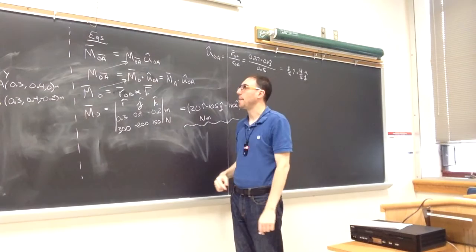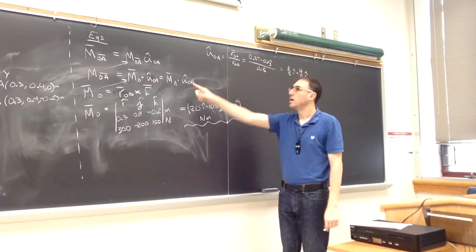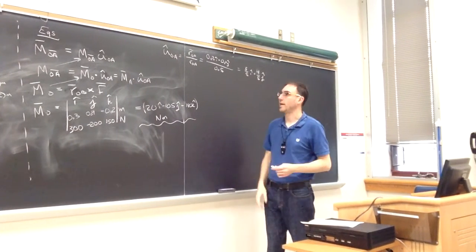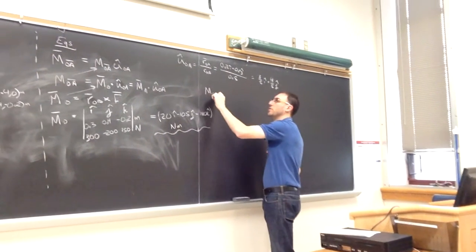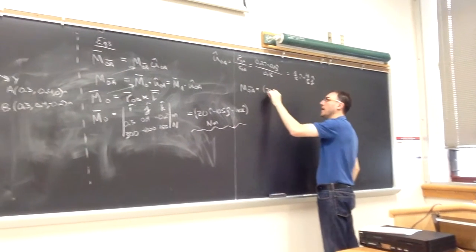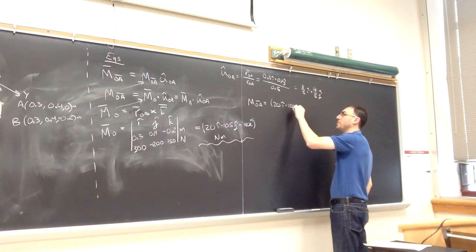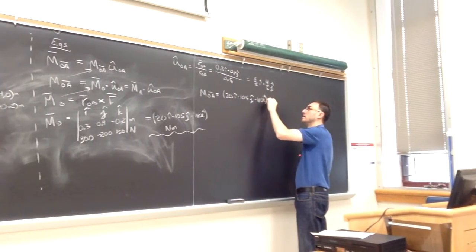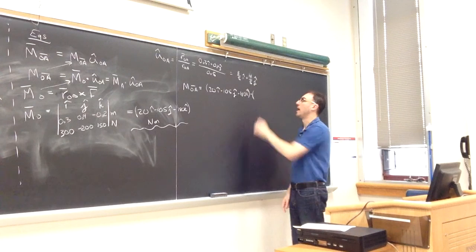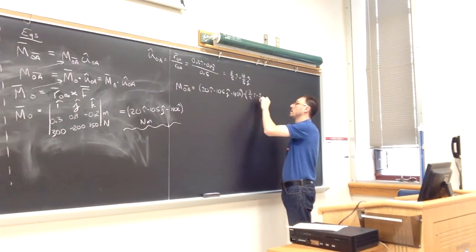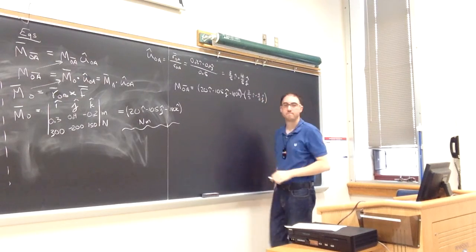We now know the unit vector that points from O to A. From the previous step, we know the moment around point O. So now we can do this dot product, which again goes back to what we did in section 2. So this is going to be 20i minus 105j minus 180k dotted with 3/5 i plus 4/5 j.